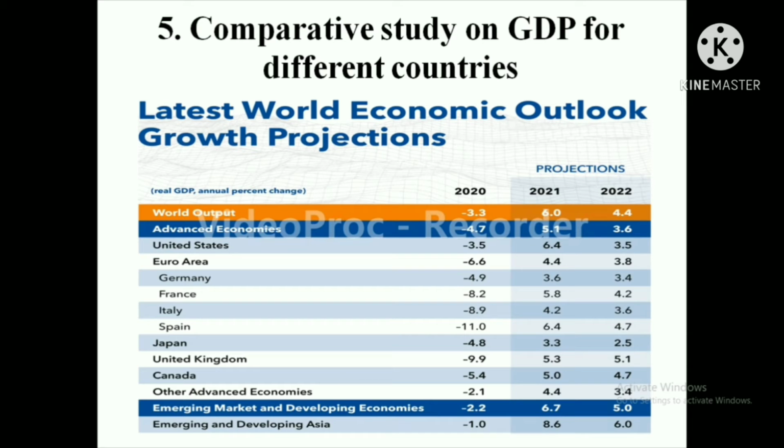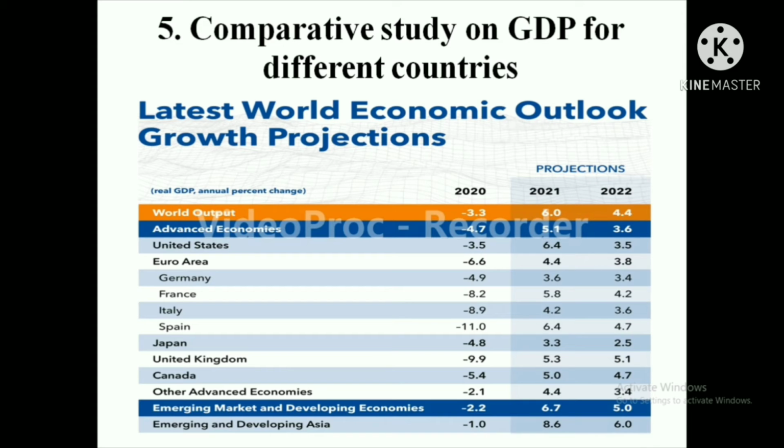Let's take an example. The world as a whole had a negative growth rate of minus 3.3, which has gone to the positive side, 6.0, which is a good number. And then we are projecting it to be 4.4 in 2022.